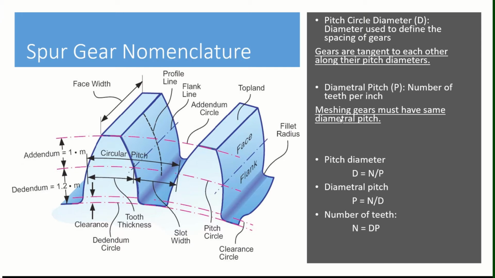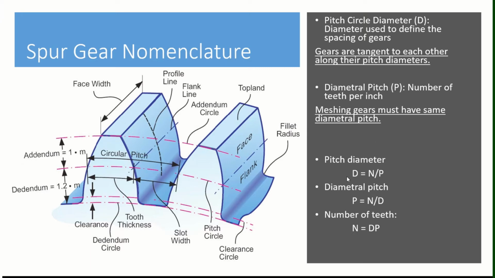So the meshing gears obviously must have the same diametral pitch, and that way the pitch circle diameters would be tangent to each other if we make sure that the diametral pitches of the two meshing gears are identical, which means the number of teeth per inch needs to be equal for the two meshing gears.